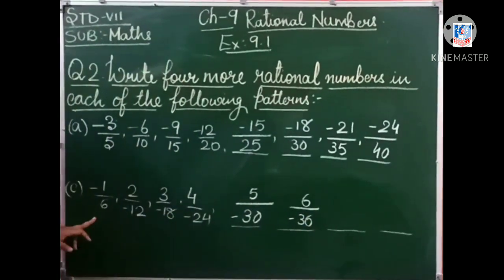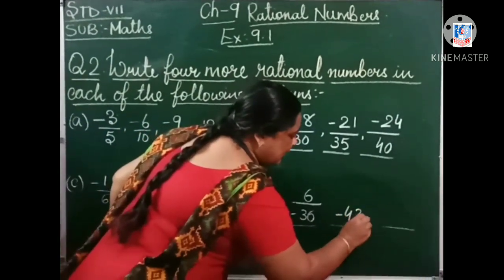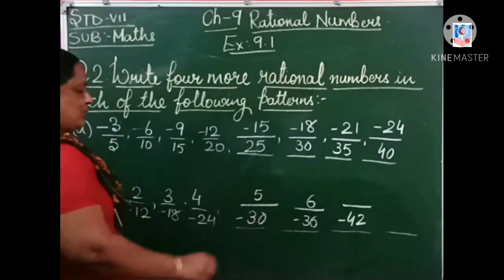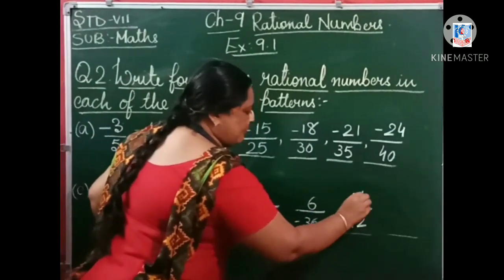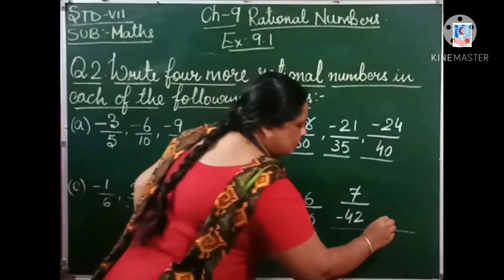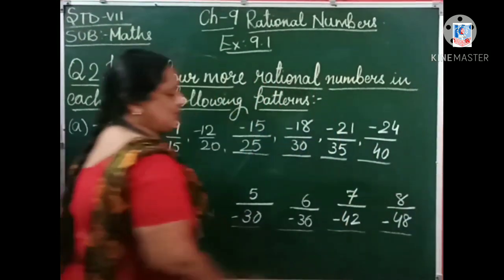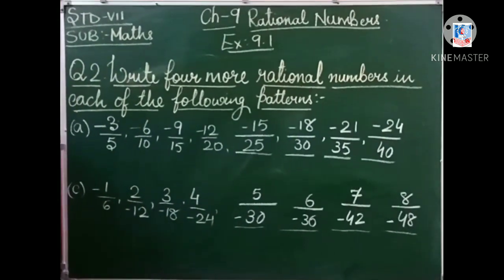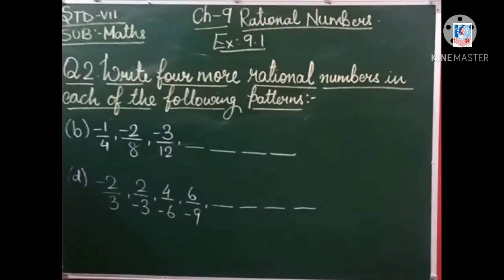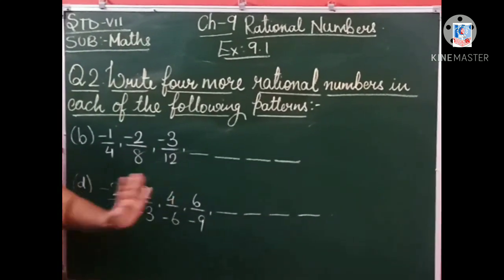Next, minus 6 into 7 minus 42, and 1 into 7 is 7. Minus 6 into 8 minus 48 and 1 into 8 is 8. Understood? Sum number B and D, this is your homework.